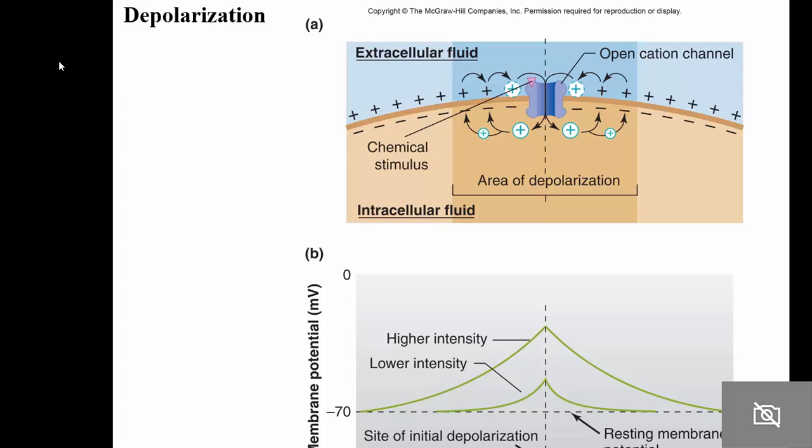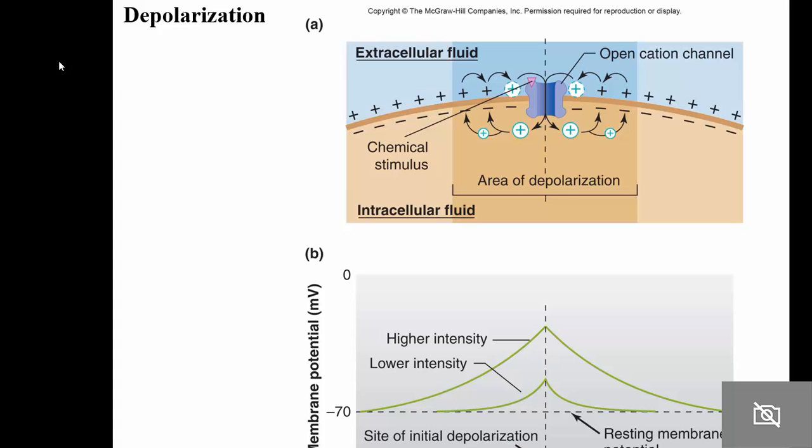Let's say it's sodium. So which direction is the sodium going to go, in or out of the cell? Into the cell. And what happens is you bring in these positives, and what is it going to do to that resting membrane potential? Let's say it started at -70. It's going to make it a little bit more positive.